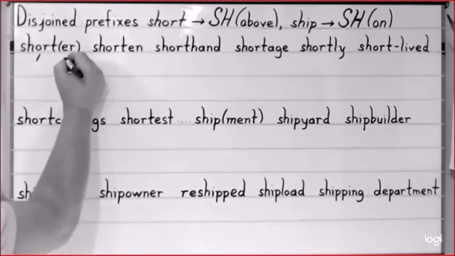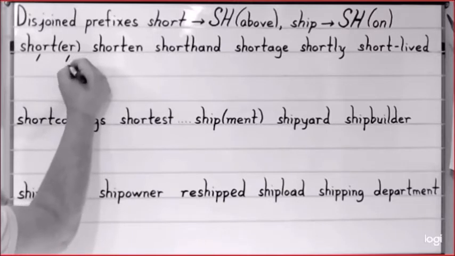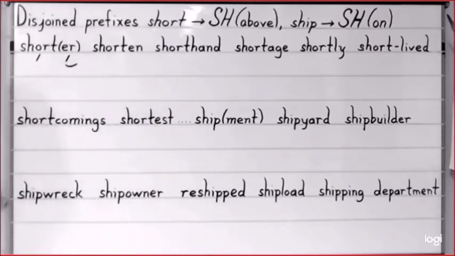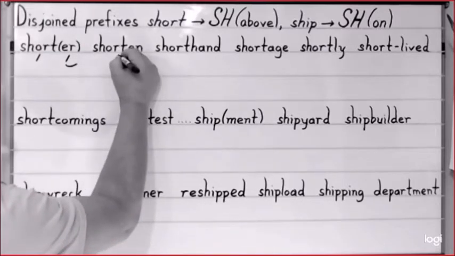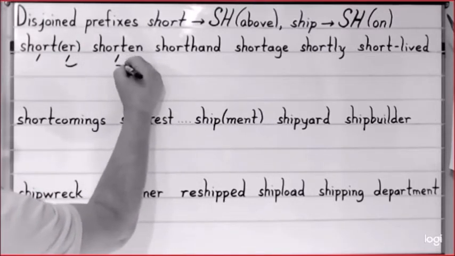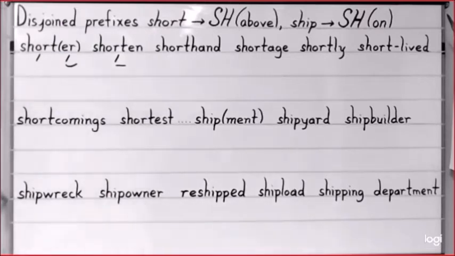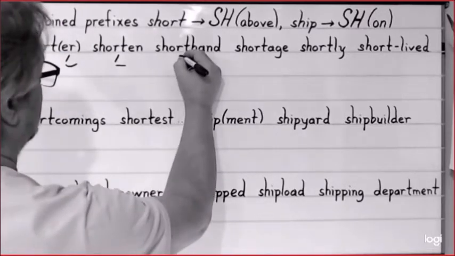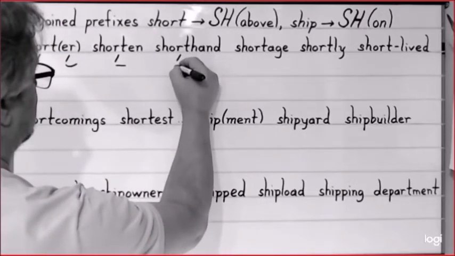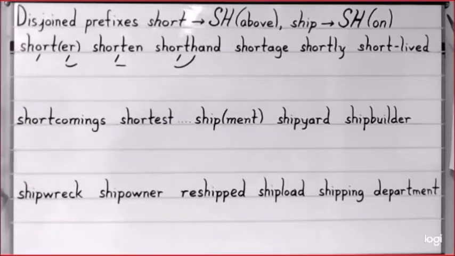For shorter, it is SH and then an R below it. Shorten is an SH and an N below it. Shorthand is the SH and then the ND or NT stroke.